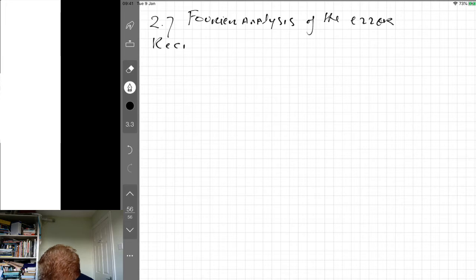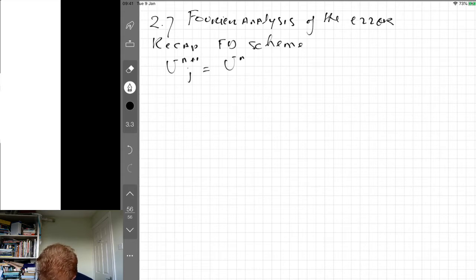So a recap of the finite difference scheme we looked at. This is the capital U, right? So that's the approximation, as opposed to the real u discretized at time level n and spatial grid point j, with mu equal to delta t over delta x squared.